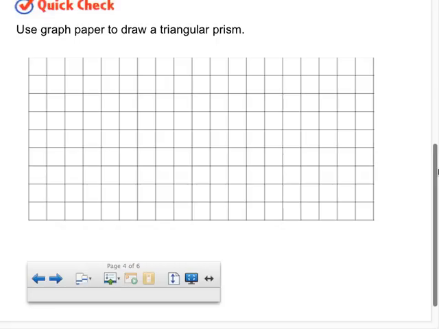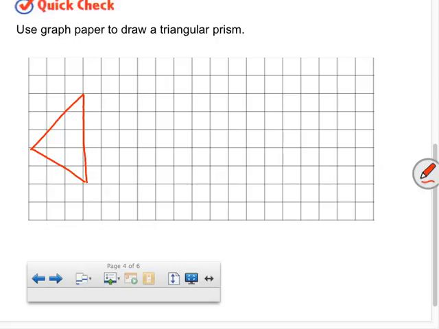But the bases have to be what shape? Nope, that's a rectangular prism. I need to make a triangular prism. So I need to start out with one of my faces as a triangle. So let me go ahead and do that. Okay, that's a triangle. And then the side faces are rectangles.